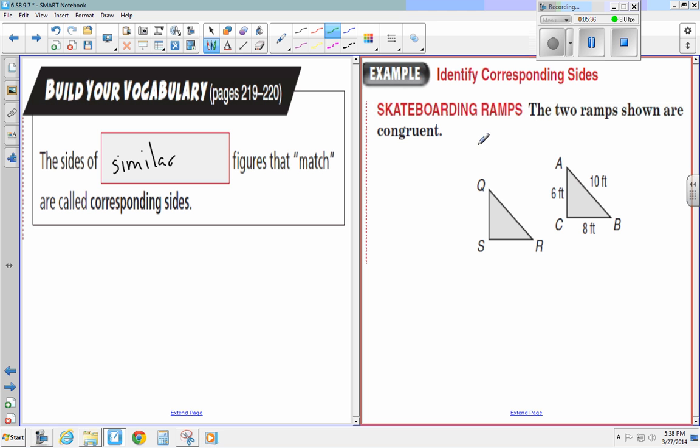Skateboarding ramps. The two ramps shown are congruent. So if they're congruent, then we know that this side right here is this side right here. We know then that this side is this side, and the next longest side right here is right there.